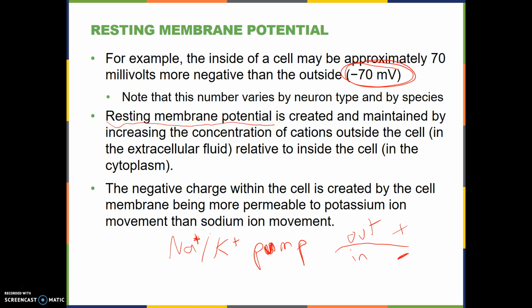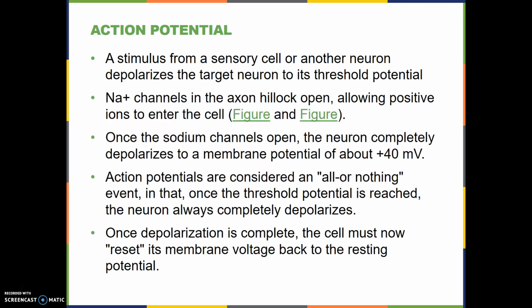And then that resting membrane potential can be changed by different stimuli, a stimulus from a sensory cell, a sensory receptor, or another neuron, which can depolarize the target neuron to its threshold potential.